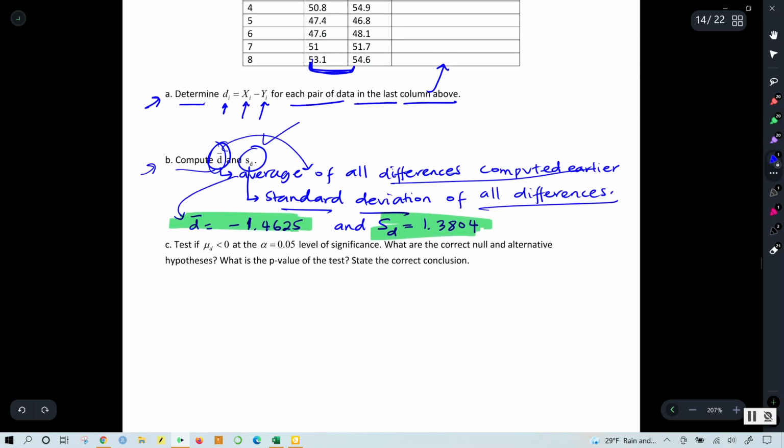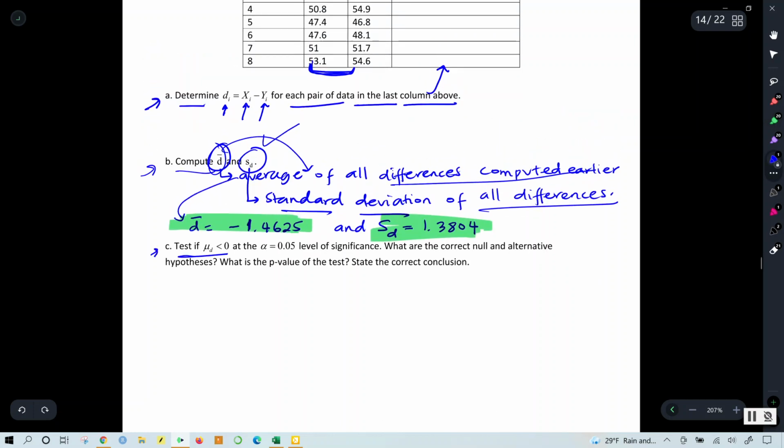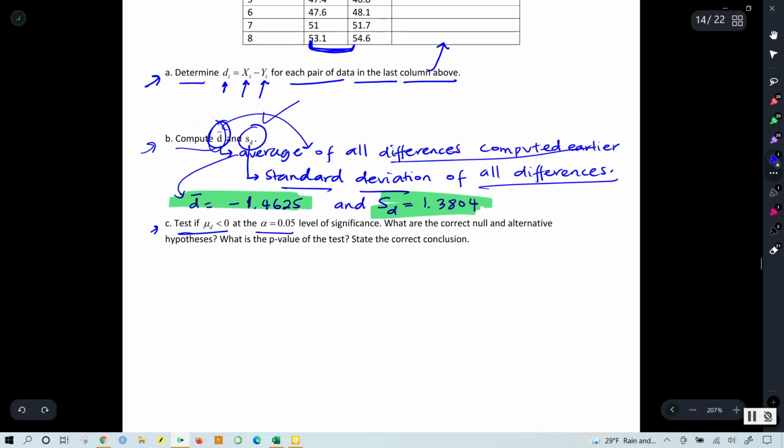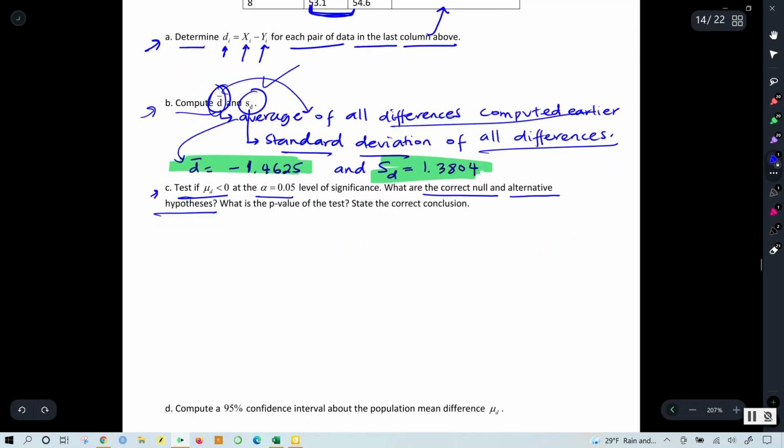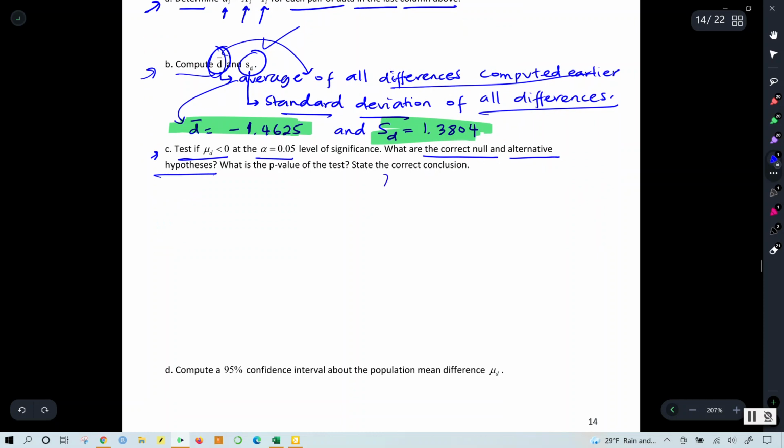Then for question C, we want to test that the mean of the differences is less than 0 at alpha equals 0.05 level of significance. We want to start off by stating the correct null and alternative hypothesis. So here we go. Alternative is always what we want to test.